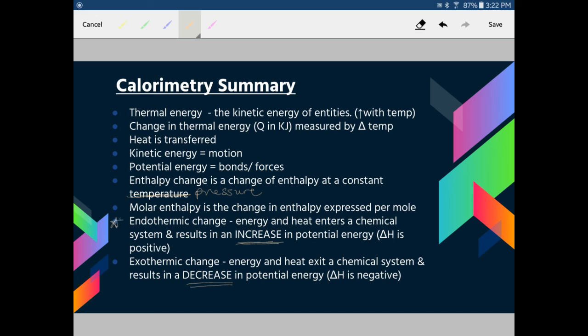Again, these two bottom points are some of the most important things that you're going to take away from this lesson. Now there is a little assignment to complete this lesson to make sure that we're all good with calculating our thermal energy as Q and our change in enthalpy as delta H. So at this point, I would definitely recommend going back and pausing, recording any notes that you need to, and good luck.